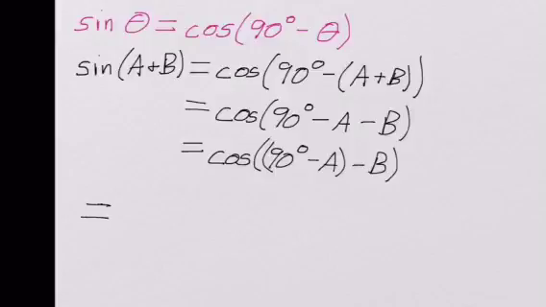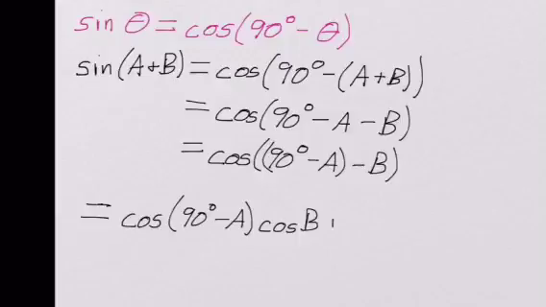So that's going to equal the cosine of 90 degrees minus a times the cosine of b plus the sine of 90 degrees minus a times the sine of b.